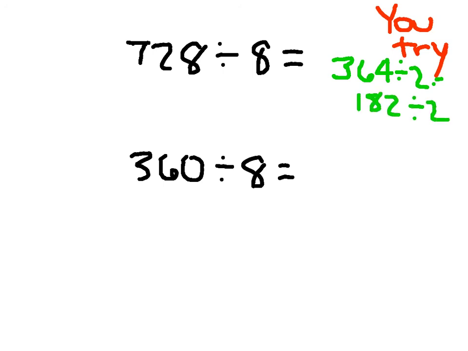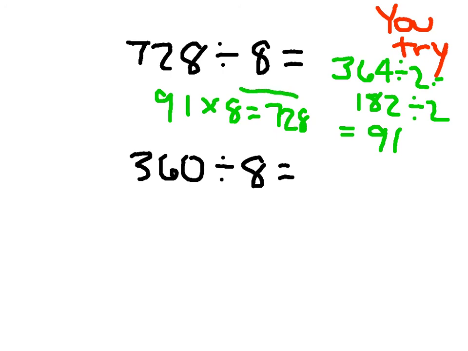Take half again, we get 91 as our answer there. Because 91 times 8 does equal 728. Take a look at that. 90 times 8 is already 720, and 1 times 8 is 8. We put those together. That was our check right there that I'm circling.